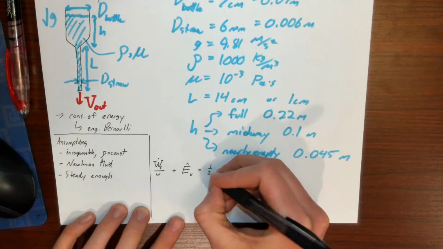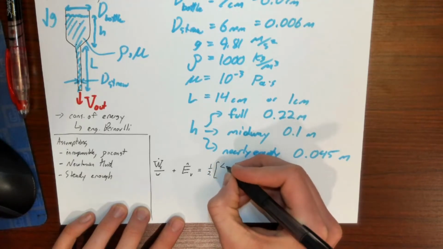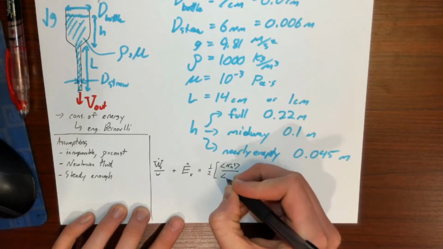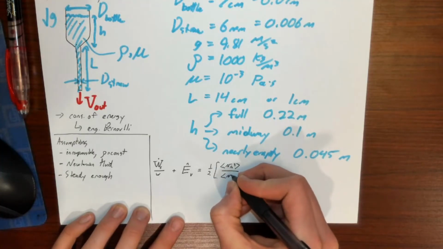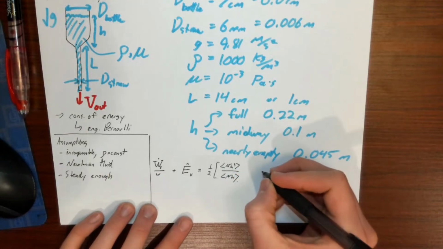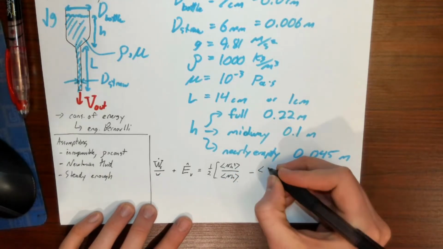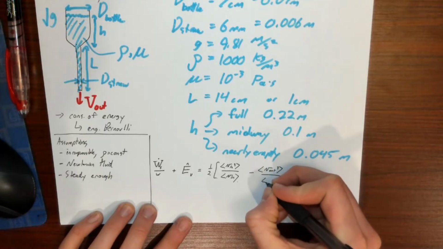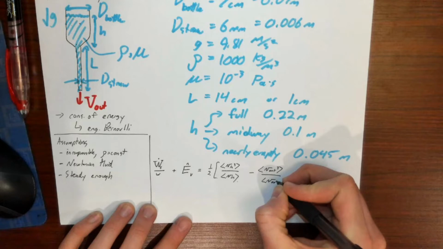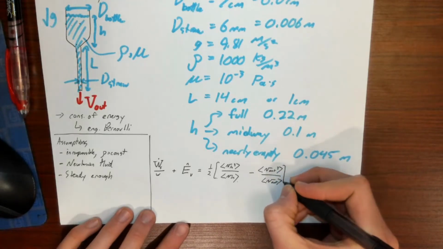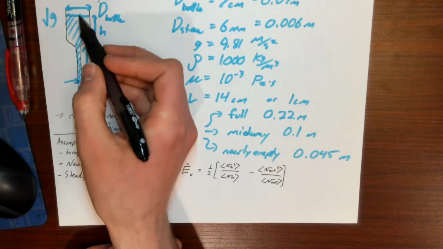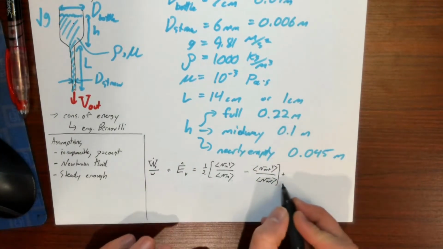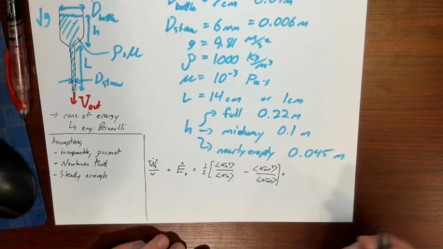That's equal to 1/2 bracket V in cubed over bracket V in, minus bracket V out cubed over bracket V out, where these brackets signify averages over the cross sections of the inlet and outlet. This is essentially our kinetic energy per unit mass term.